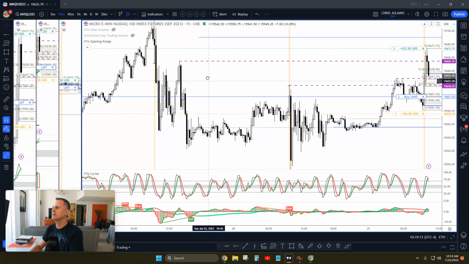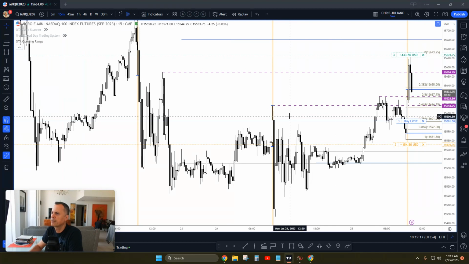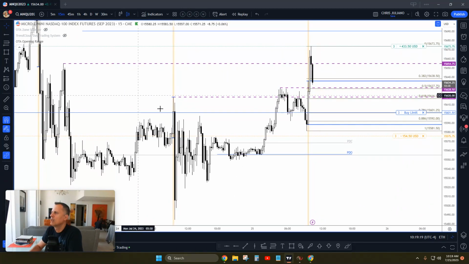And let's focus in on that now. Do you see this right here? This is just a break of structure. This little formation here didn't break through anything, right? This one did.